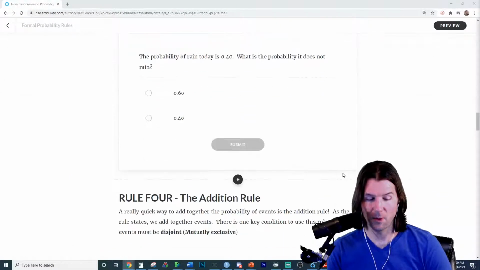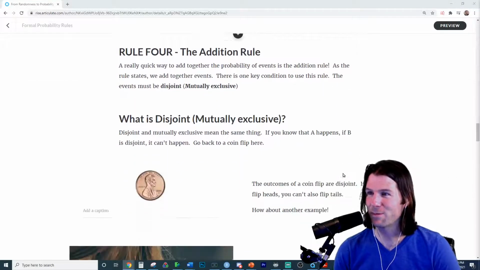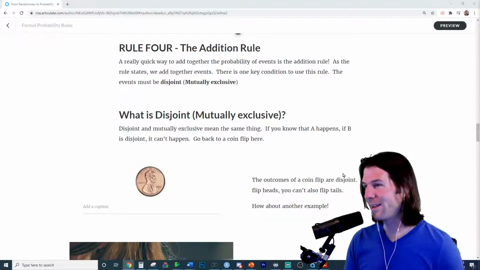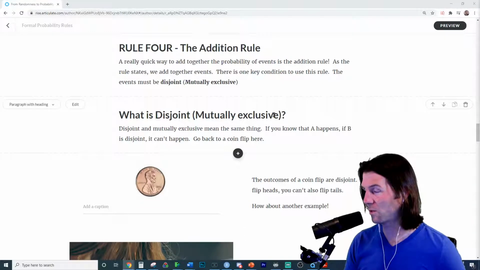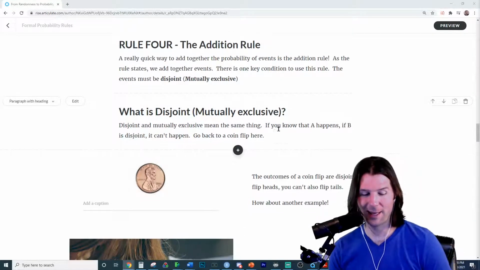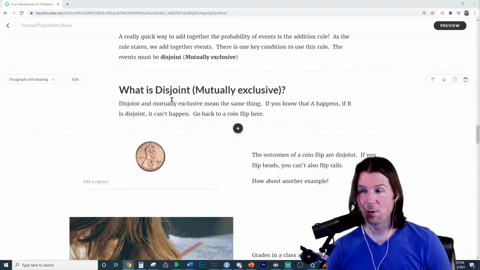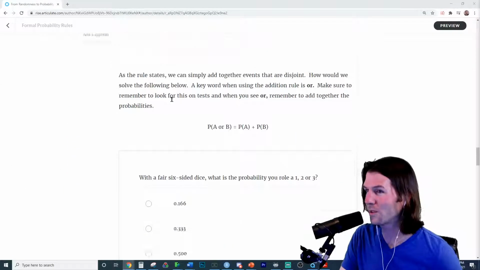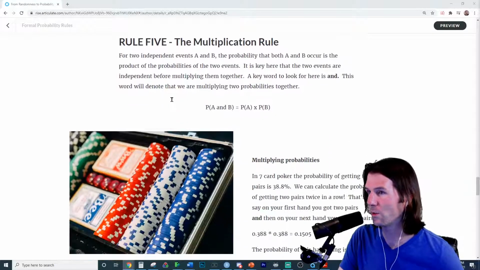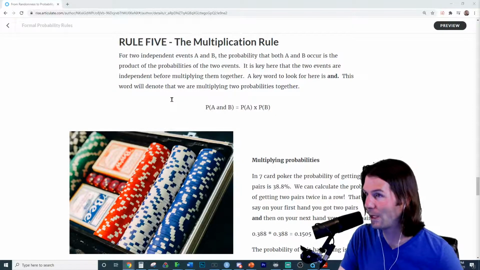I did fix that typo. If you're in the online class, it is fixed, but I didn't re-upload it because then it removes it. Rule number 4 is the addition rule, where we can add together disjoint or mutually exclusive events. That just means that they both can't happen at the same time. Review the rules. And rule number 5 is the multiplication rule, which says we can multiply independent events.